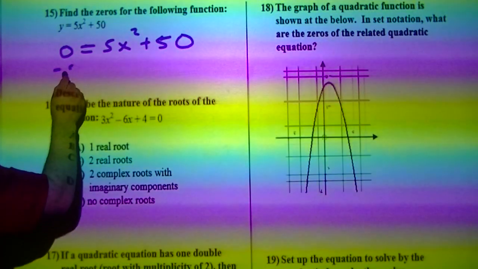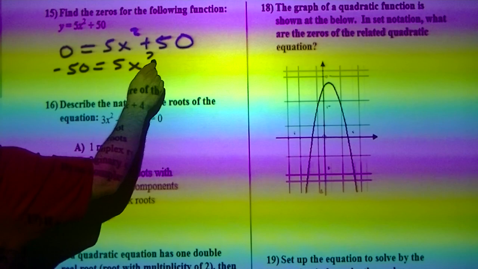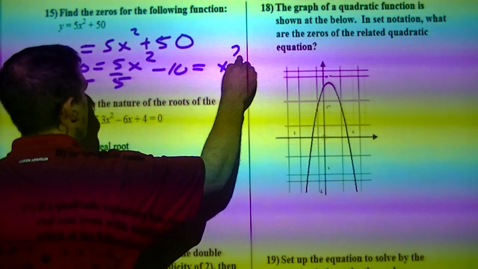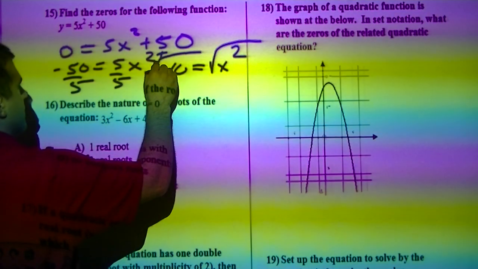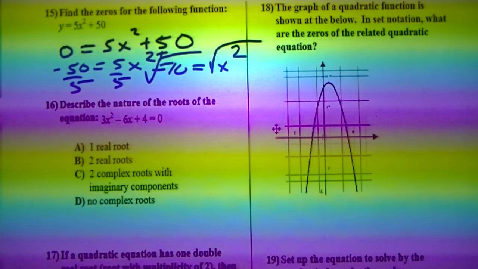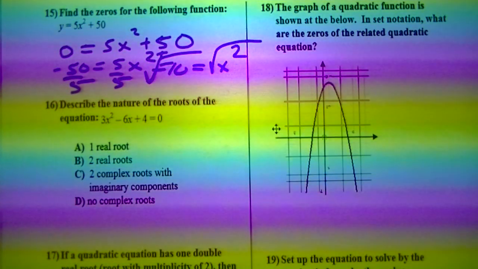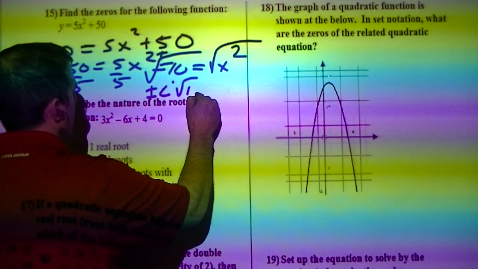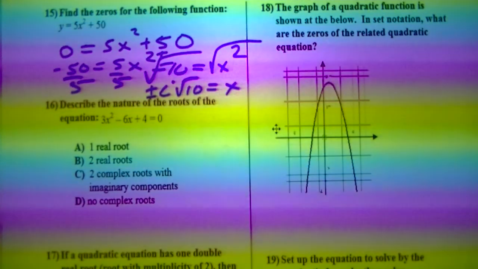Okay, so that 50 would come over to be that. I would divide by 5. That's negative 10 equals x squared, plus or minus. So what that's going to tell you is I'm going to be at i plus or minus square root of 10 all over x. 10 doesn't get any smaller.